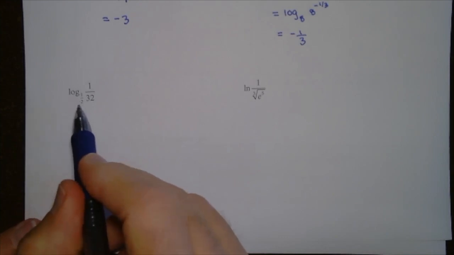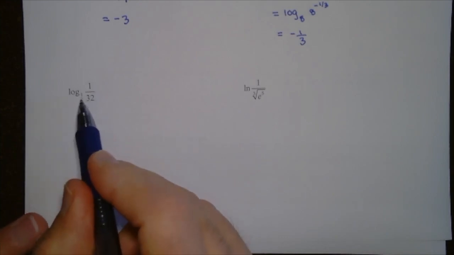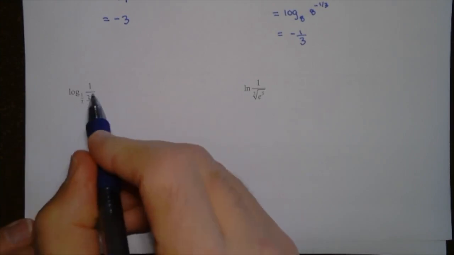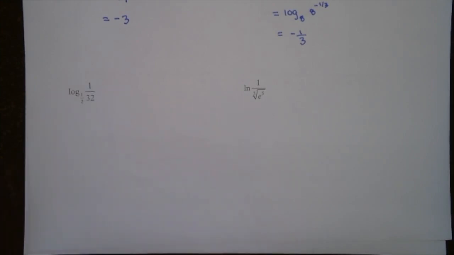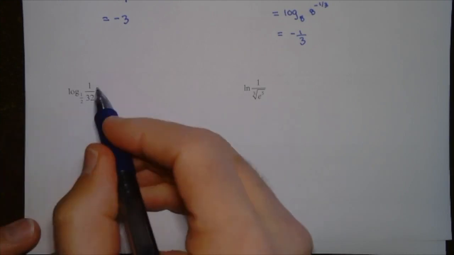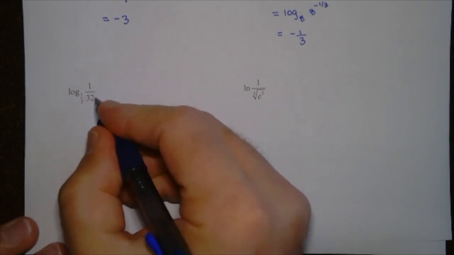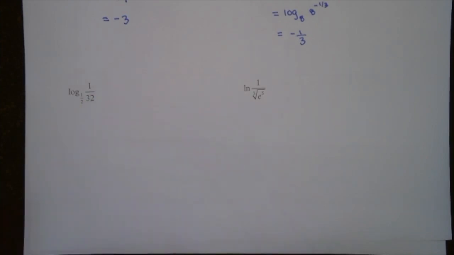Okay, let's look at these last two. This one is log base 1/2 of 1 over 32. I want to rewrite it so it's 1/2 raised to some power, because if I can rewrite 1 over 32 as 1/2 raised to a power, that's going to allow me to use the inverse properties, and the logarithm will undo the exponential.